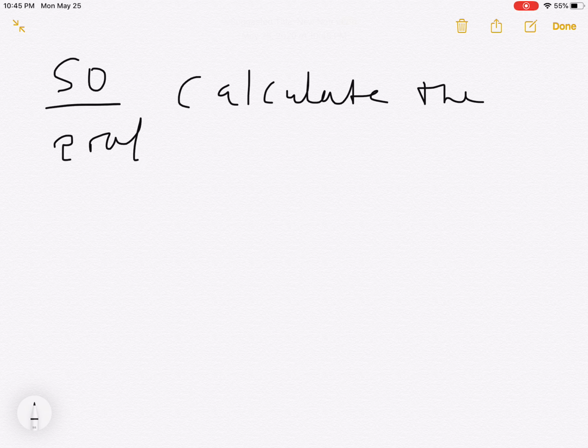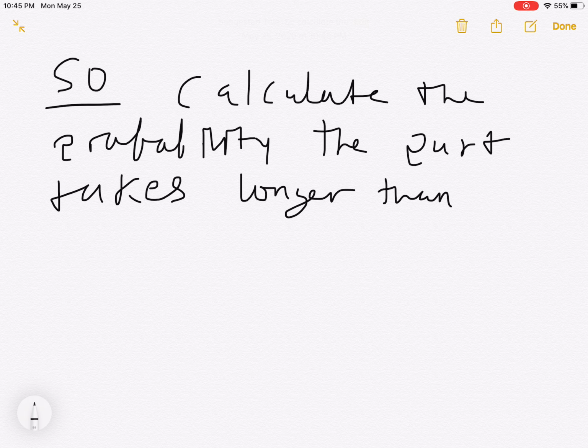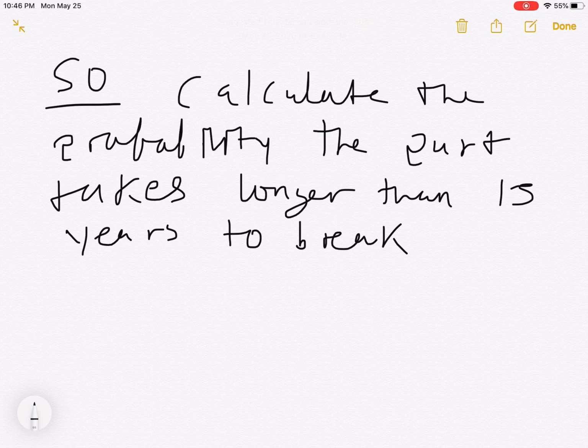So if we were asked to calculate the probability the part takes longer than 15 years to break, we can calculate that.